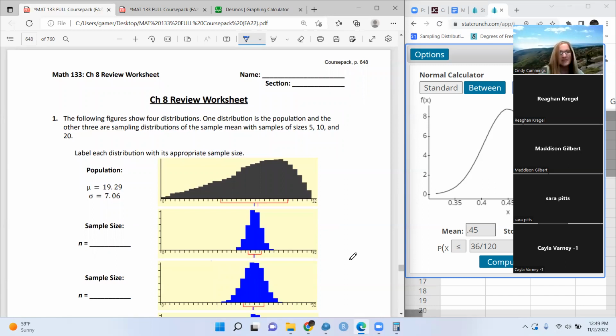Well, it says population, so probably proportion. Well, you know what? There's a population in either one.